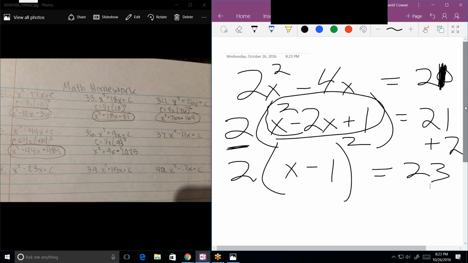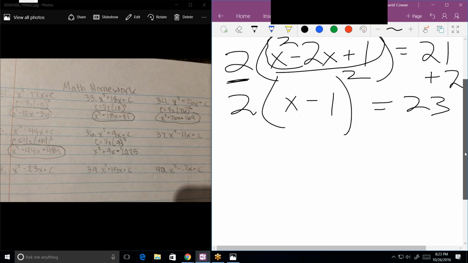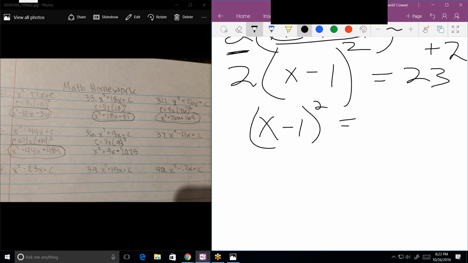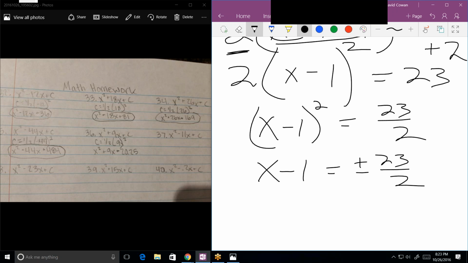To finish the solution, the next step is to divide both sides by 2. Now I have this. The next step is to take the square root of both sides. Now I have this. And the last step is to add 1. So there's my answer.